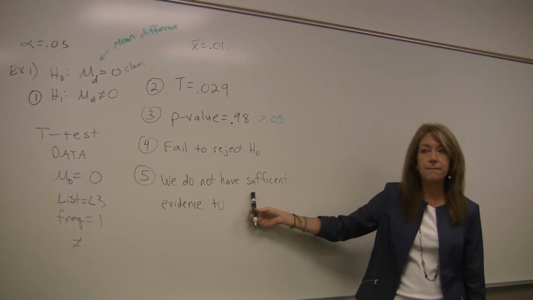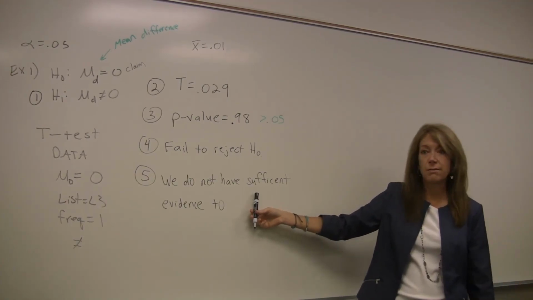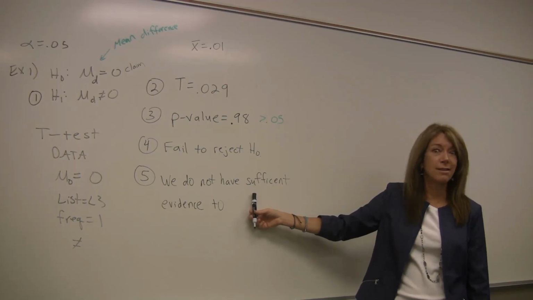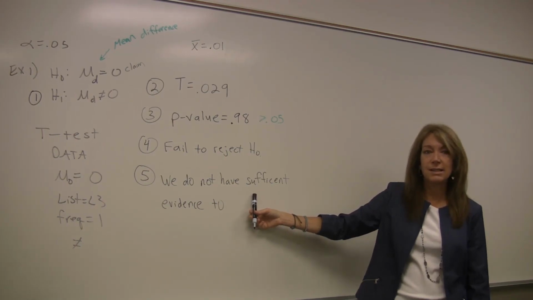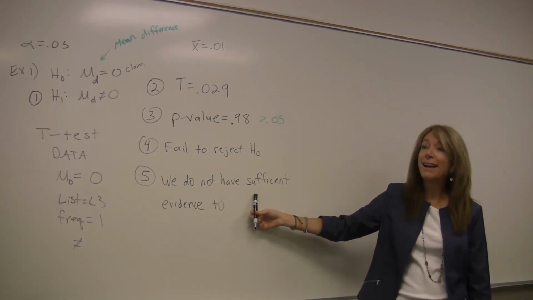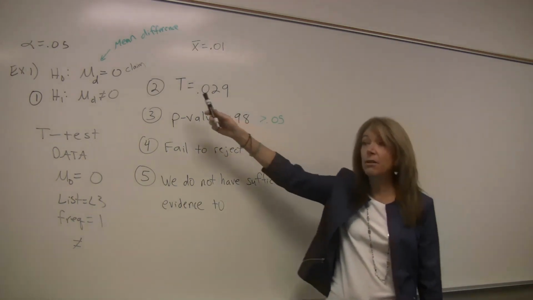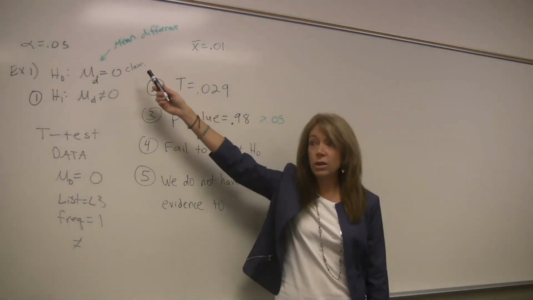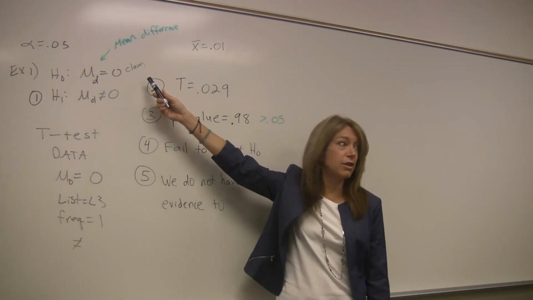Why reject? She says reject. Someone else tell me why she's right if she is, or tell me why she's wrong. Reject. Why? Because the claim was H0, and all you can do with H0 is reject it or fail to reject it.